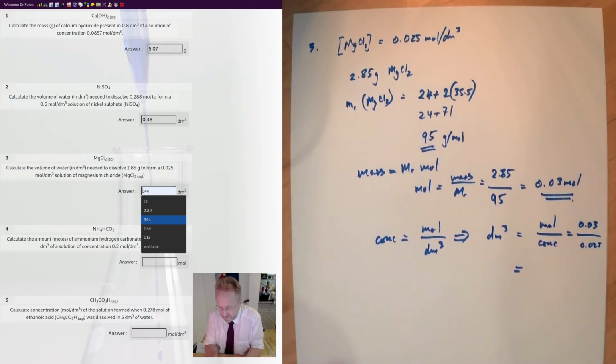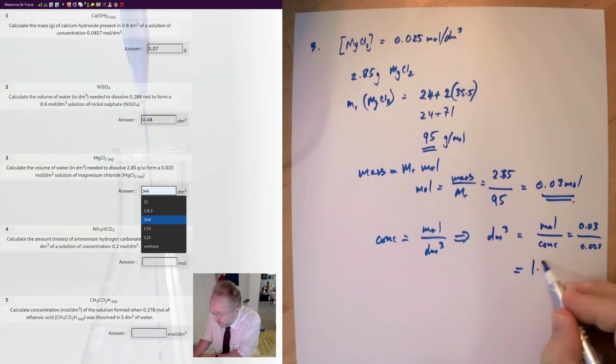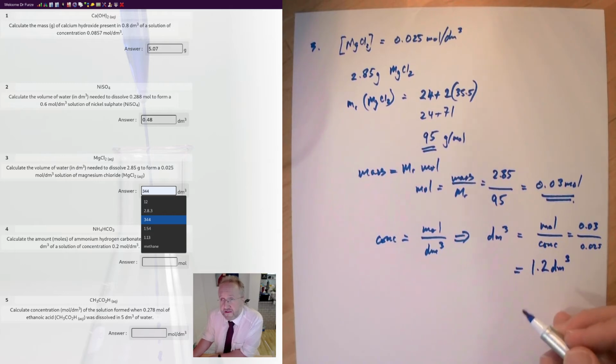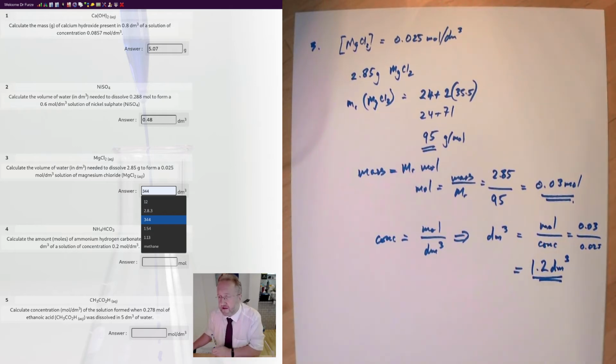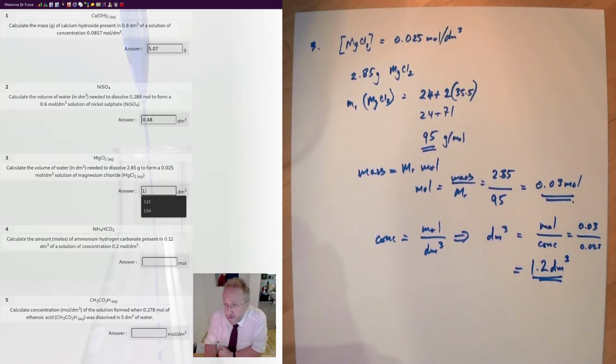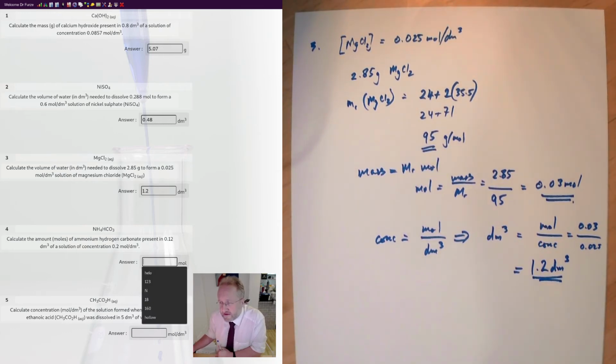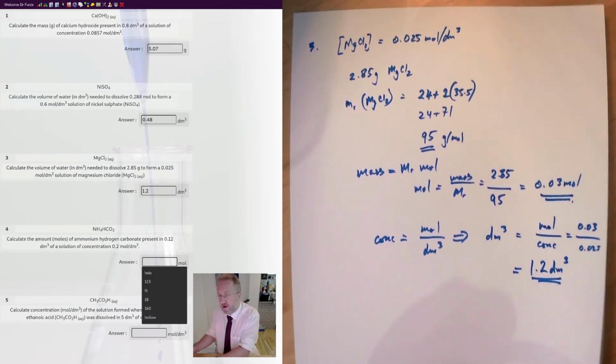So just pressing buttons, 0.03 divided by 0.025 is equal to 1.2. So we're going to need 1.2 decimeters cubed. And does the question want the volume in decimeters cubed? It does. Okay, excellent. So that is going to be 1.2 decimeters cubed. Okay, on to question 4.